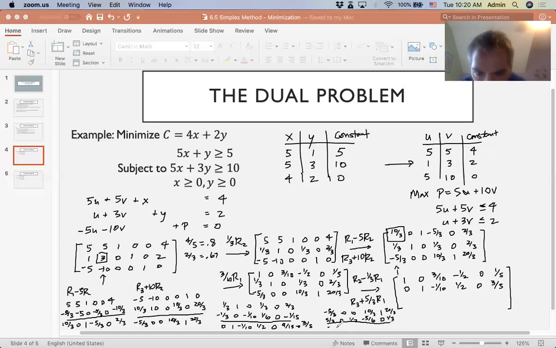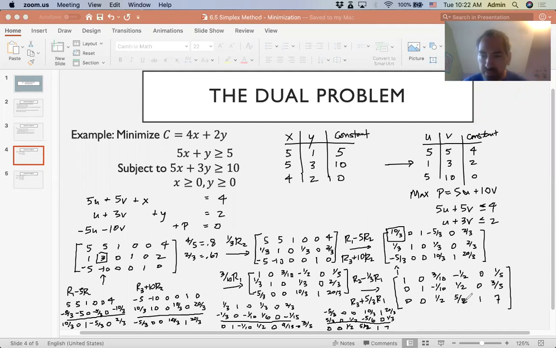So that's 0, 0, 1/2, 15/6, 1, and 21/3, which is 7. Let me go back and make one slight correction: 15/6 should be 5/2. Now that we've got all positive numbers in the last row, that means we're finished.